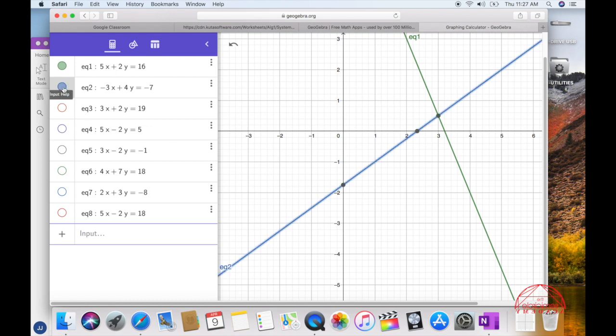And then this next equation, negative 3x plus 4y equals negative 7. And we can see that where they intersect, the point of intersection, x is 3 and y is a half. So when we solve simultaneous equations, what you're actually doing is finding that point where both of the lines are intersecting each other, right?